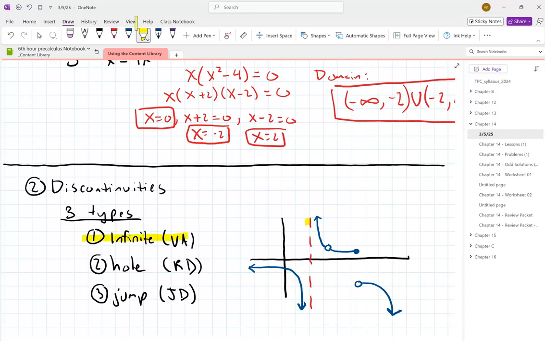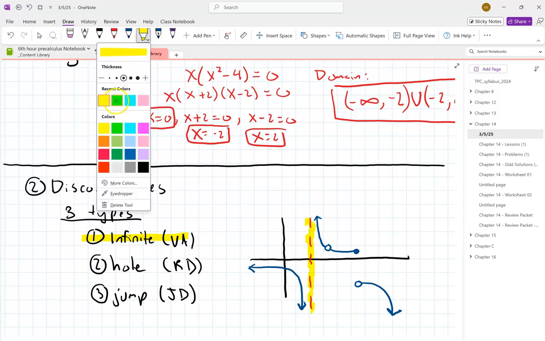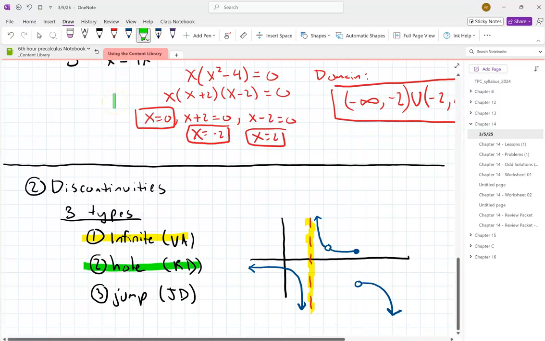So our infinite discontinuity looks like a vertical asymptote. So that's a vertical line the graph approaches but never crosses. Our hole is just like a single point that's missing from the graph. And our jump discontinuity is where the graph ends at one spot but then picks up and starts again at a new spot.